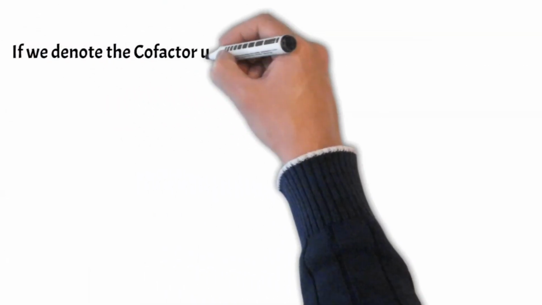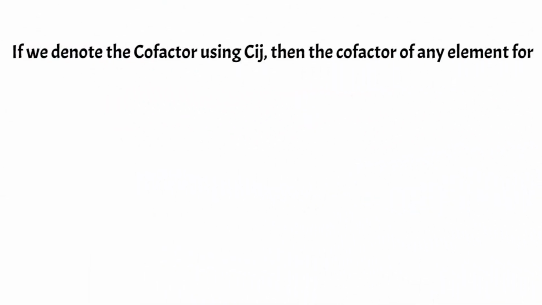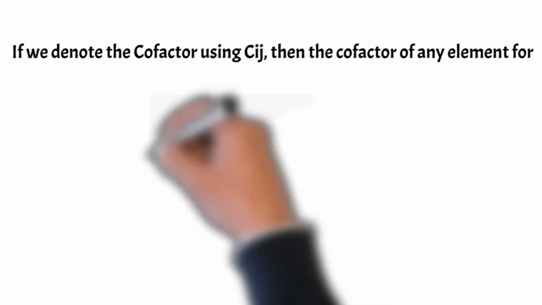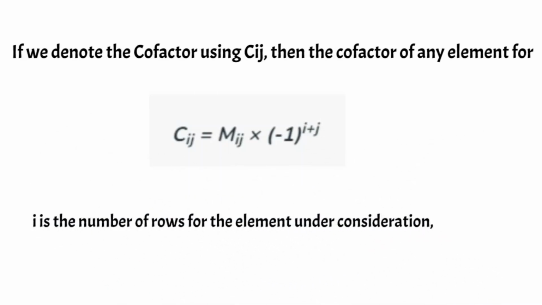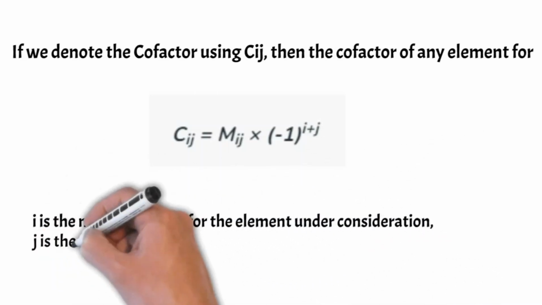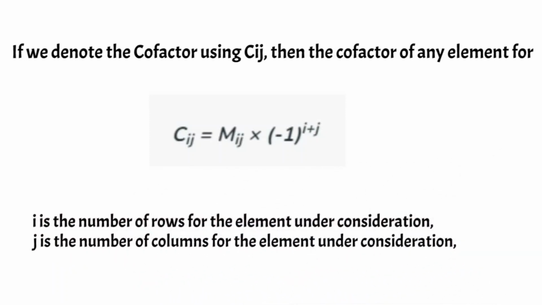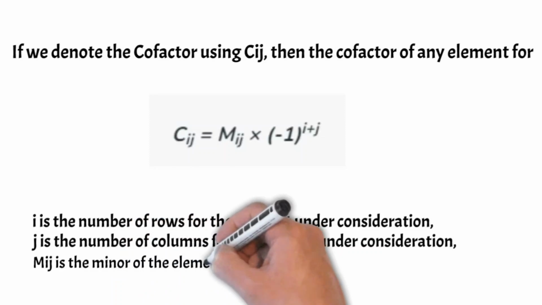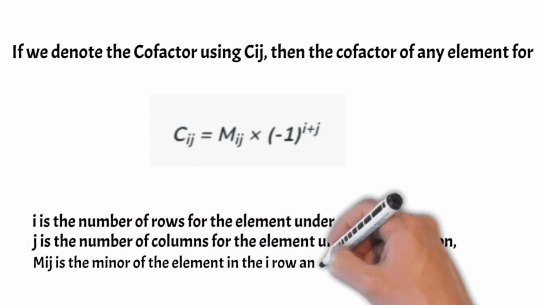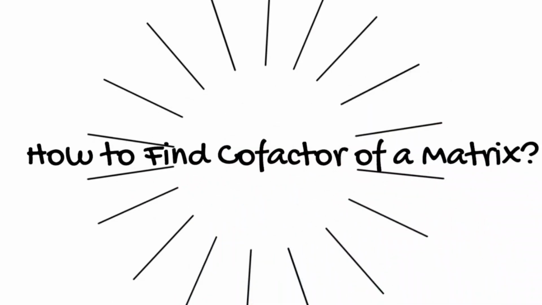If we denote the cofactor using Cij, then the cofactor of any element is Cij equals Mij times minus 1 to the power i plus j. i is the row number of the element under consideration, j is the column number of the element under consideration, and Mij is the minor of the element in row i and column j.